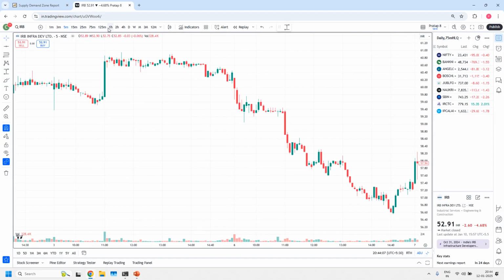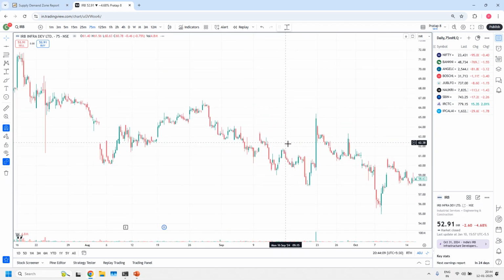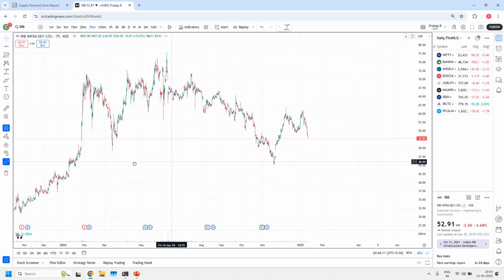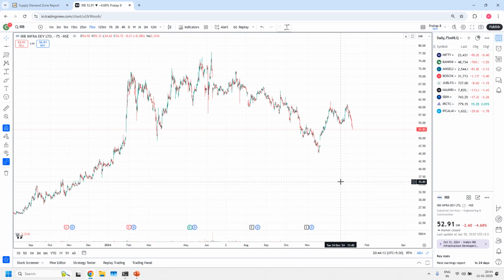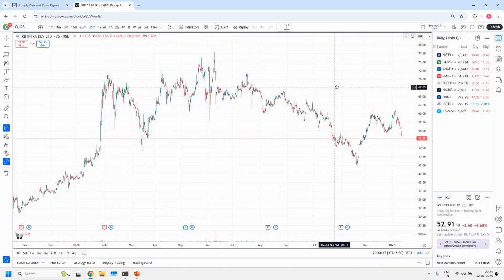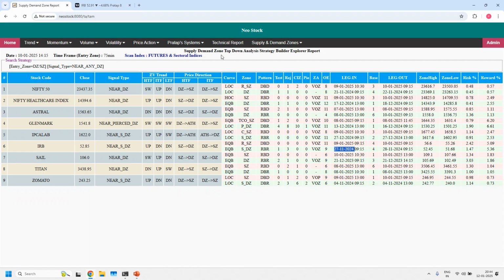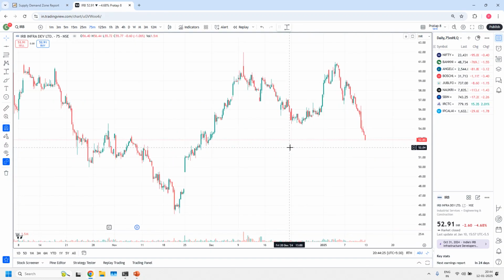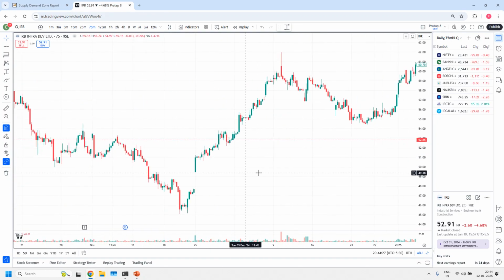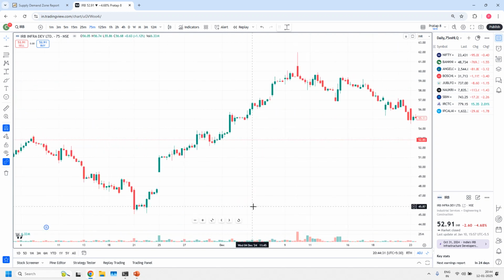The 75-minute zone. When it is 27 November. This is 29 November.